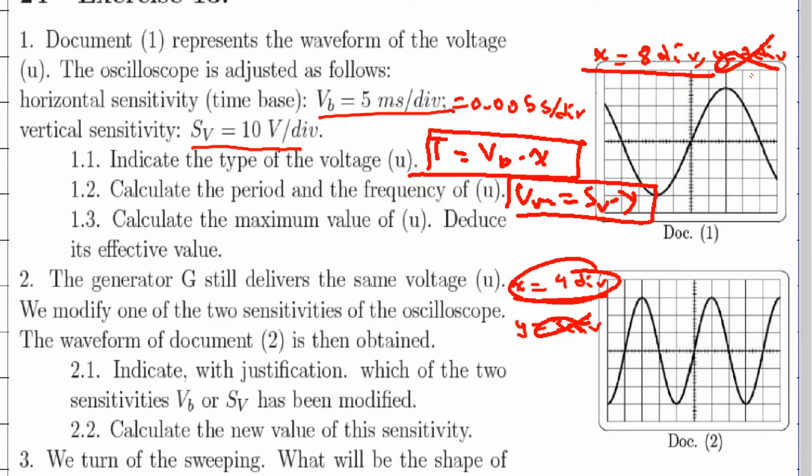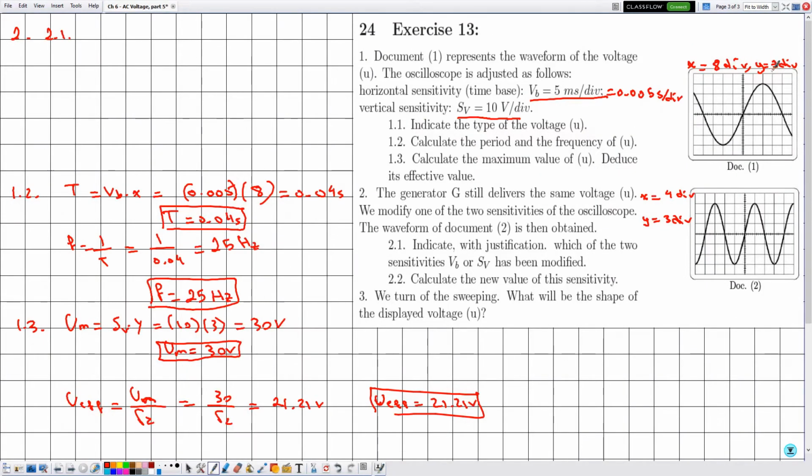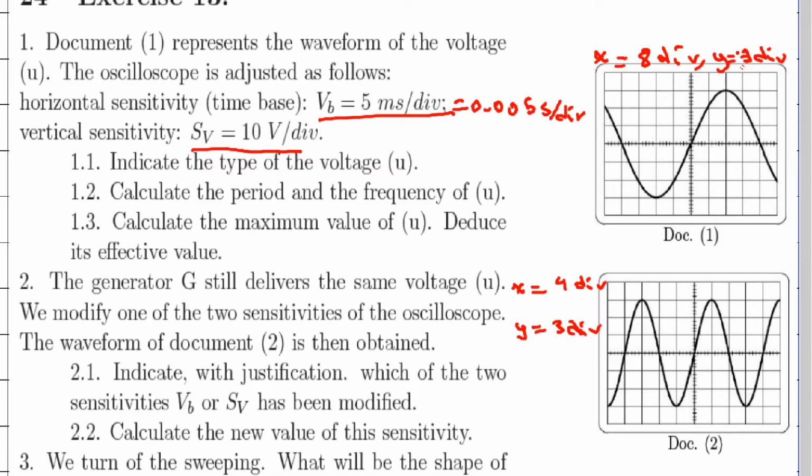The value of X is related to VB, which means that VB has been changed. So I repeat, if you compare both values, Y remains the same, which is 3, whereas X changes from 8 to 4.